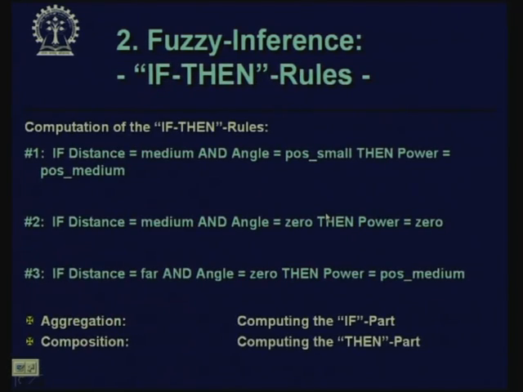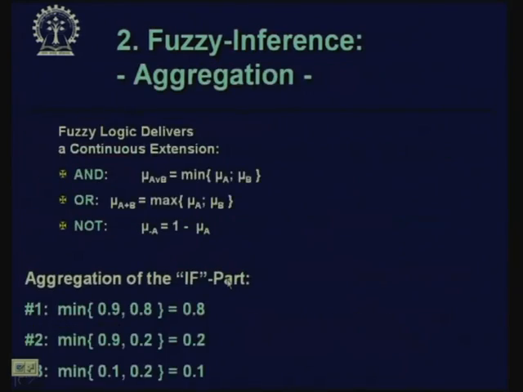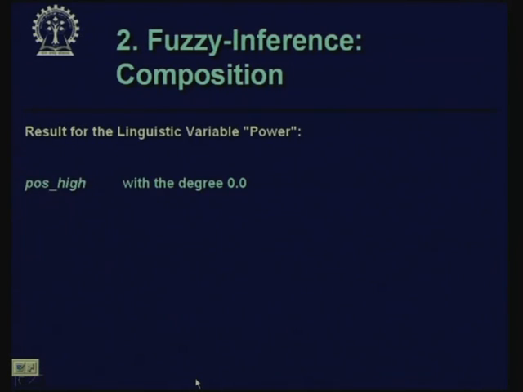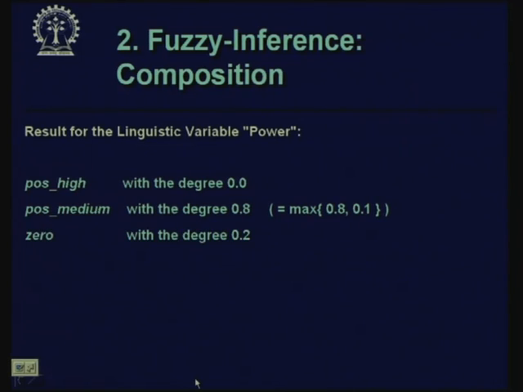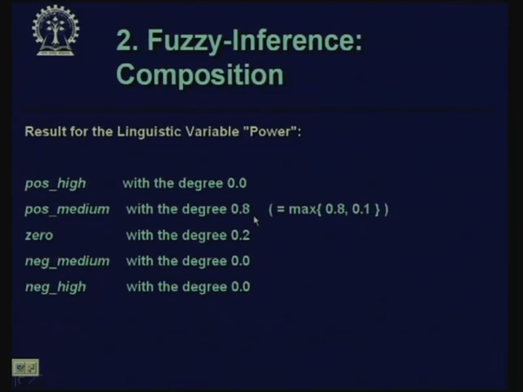Again, let us go back to these rules. The first rule was saying positive medium with 0.8 and the last rule was saying positive medium with 0.1, all right. So, I have taken the max, so I have got 0.8, all right.